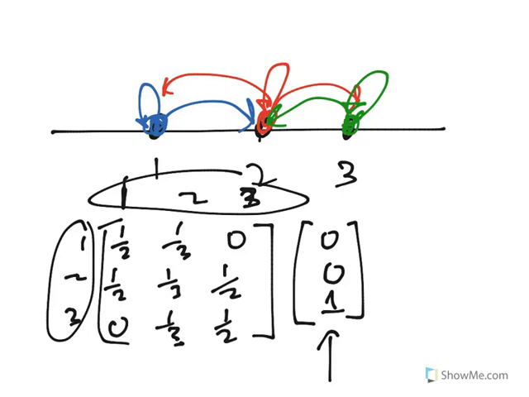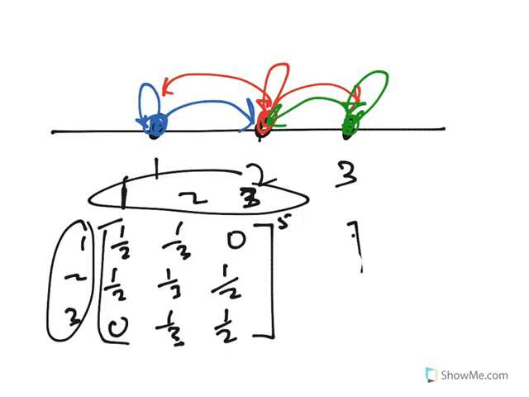So this would mean I am in position 3, 100% chance that I am, and I'm not here or here. And if I raise this to the 5th power, that would tell me the chances that if I'm on position 3 right now, where I will be 5 times from now.